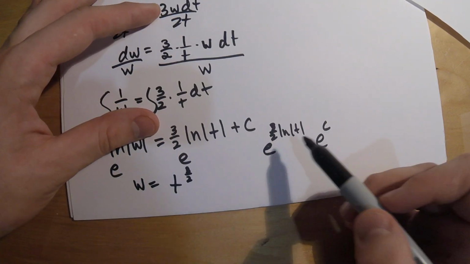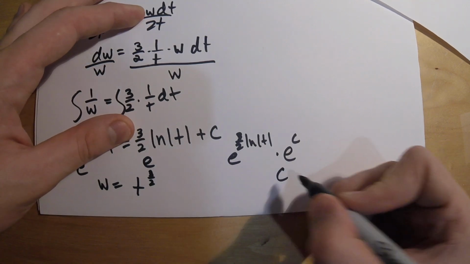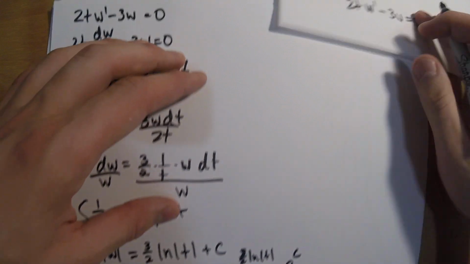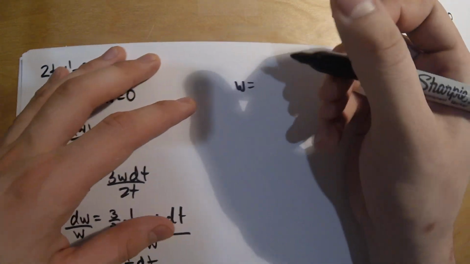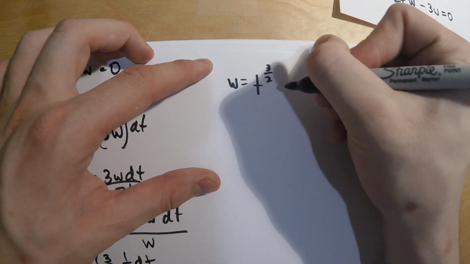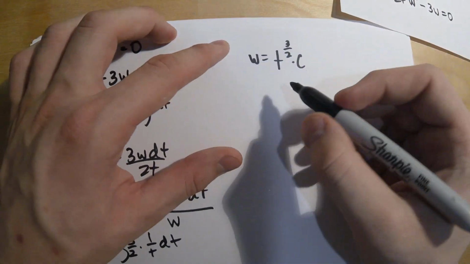That's if you know your properties. And e to the c is just simply a constant c. So let me write that here. We have w equals t to the 3 over 2 times c, okay?